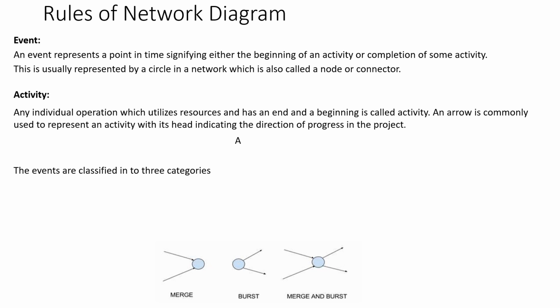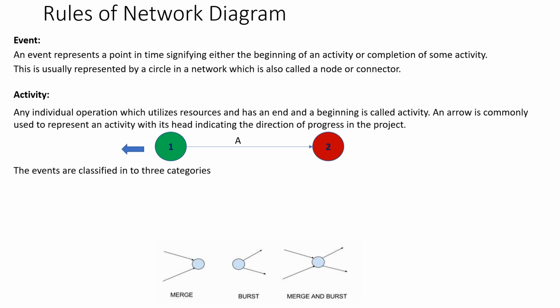An arrow is commonly used to represent an activity. The head of the arrow indicates the direction of progress in the project. So here, node 1 represents beginning of an activity and node 2 represents end of an activity. The activity is A, which is represented as an arrow.